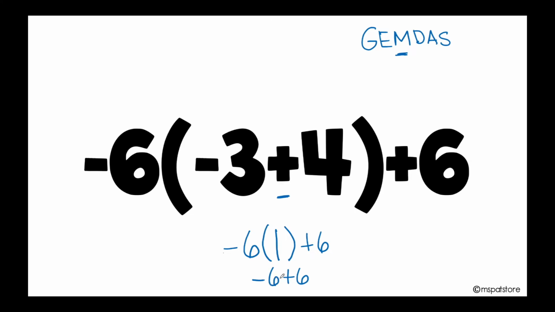So now you need to bring down the other signs and numbers that you didn't use. So I am just adding here, remember, different signs, subtract. So negative 6 plus 6, it is 6 minus 6. So my final answer has to be 0.